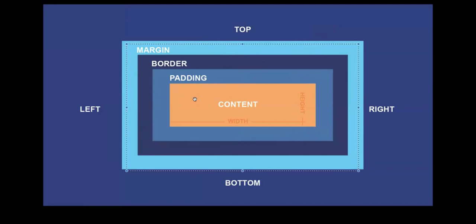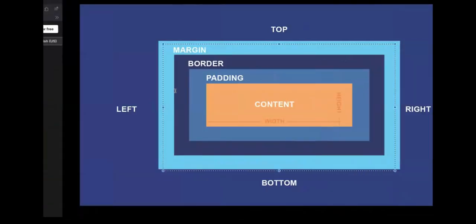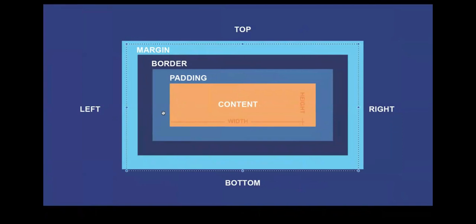Now if you don't use this particular rule, CSS will add 2 pixel plus the width of this element, plus another 2 pixel here. CSS will give it to that element as the width of the element, meaning if the original element has a size of 50 pixel horizontally, and then there's a padding of 2 pixel by the left, 2 pixel by the right, CSS will now calculate that as 54 pixel as the size of the element, right?